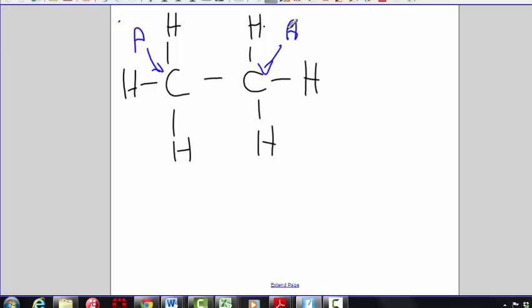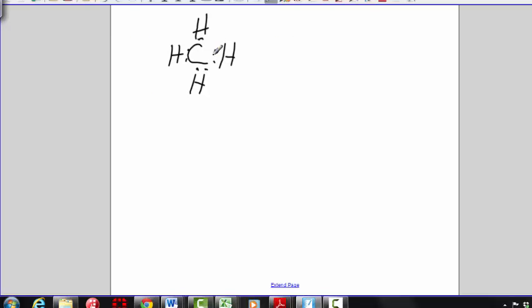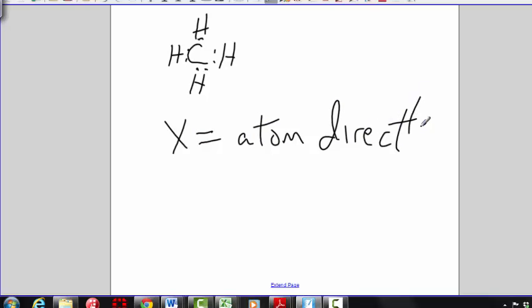Okay. Now, two other symbols in our pattern. One of them is X. Might be B in your book, but whatever. We're going to call it X. X is any atom directly attached to the center atom.